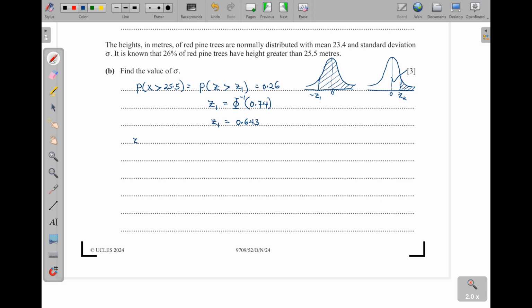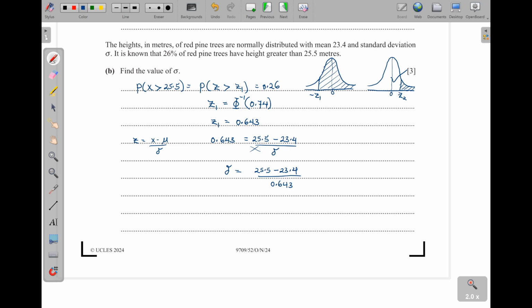Remember, Z is equal to x minus the mean over the standard deviation. So we shall have 0.643, which is equal to our x, which is 25.5, minus the mean, which is given as 23.4, over the standard deviation. So when I cross multiply, it means that the standard deviation is going to be 25.5 minus 23.4, then we divide by 0.643.